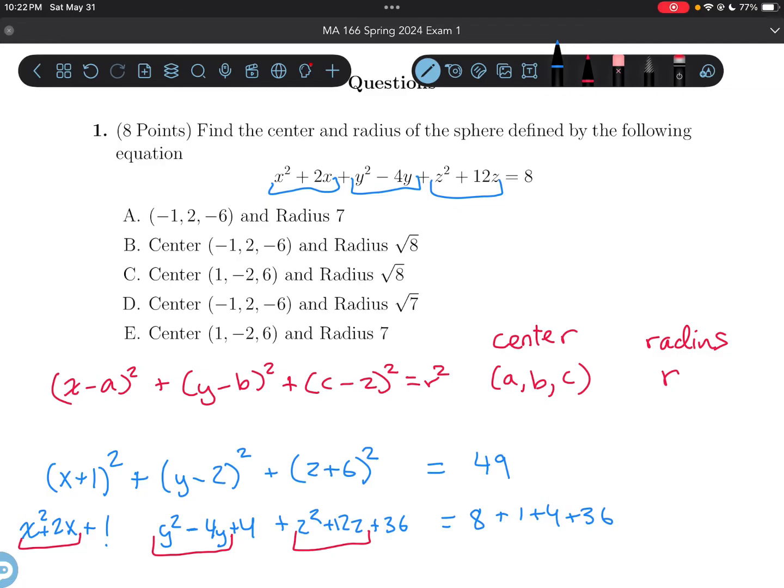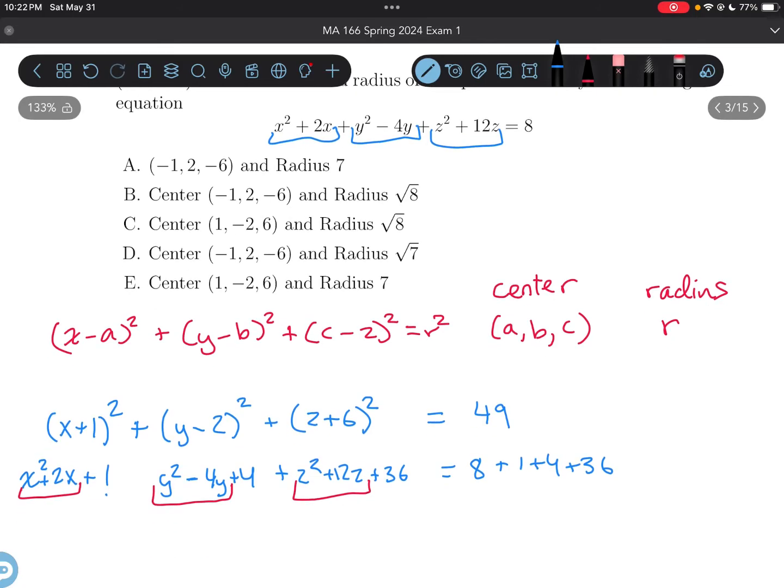So this means that the center of the sphere is negative 1, 2, negative 6, and the radius is the square root of 49, which is 7. So that means that the correct answer is A.